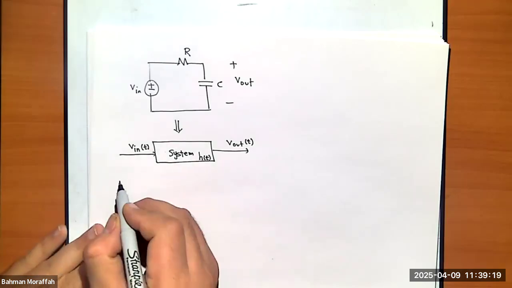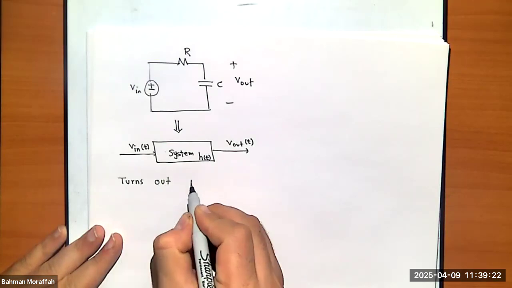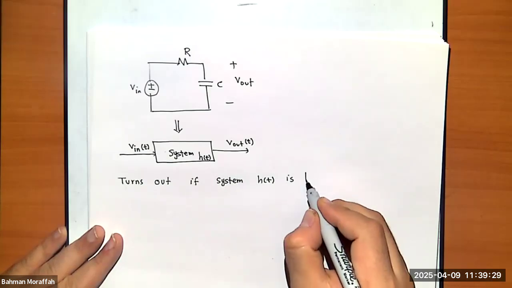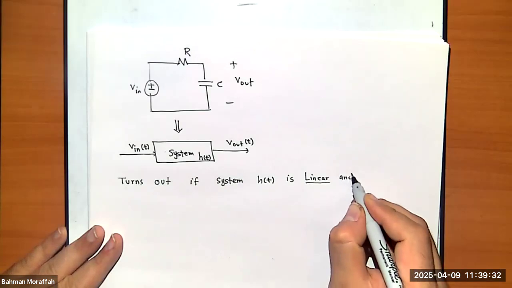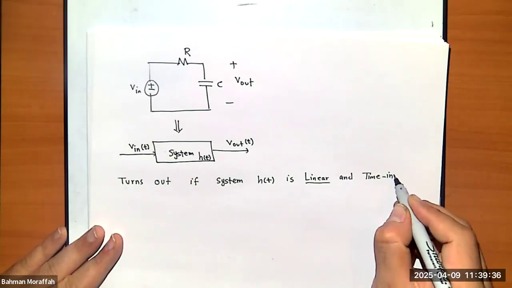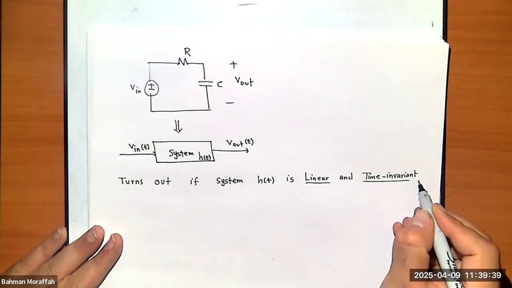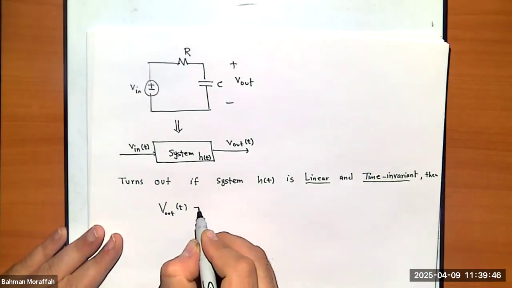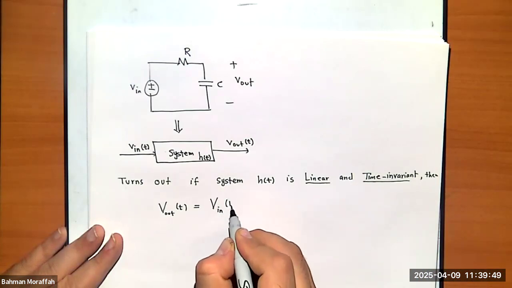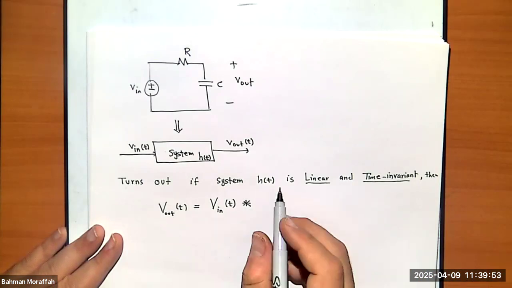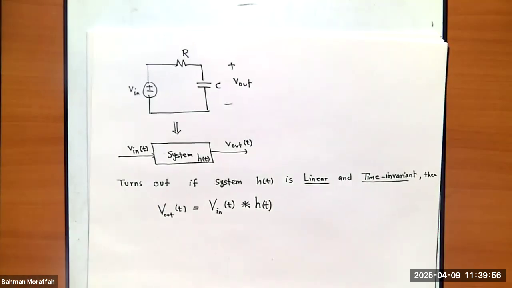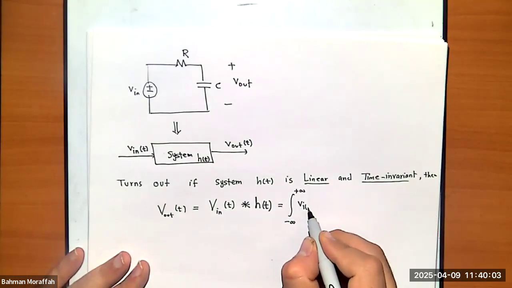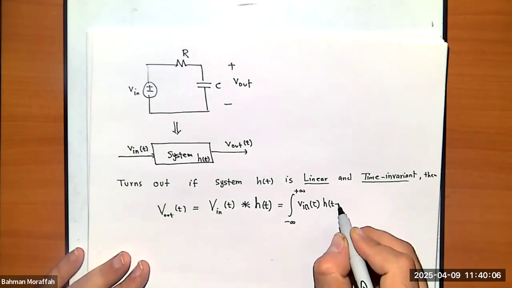So it turns out if system H of t is linear and time invariant, then the relationship between output and input is through something called convolution, which is defined as an integral from minus infinity to infinity of V in of tau, h of t minus tau, d tau.